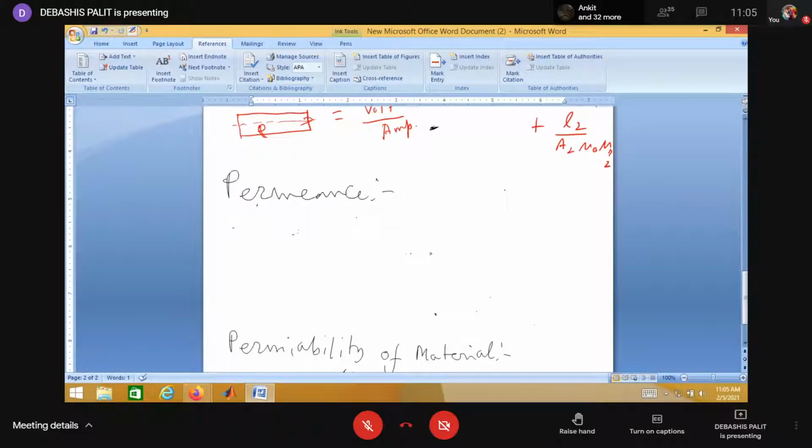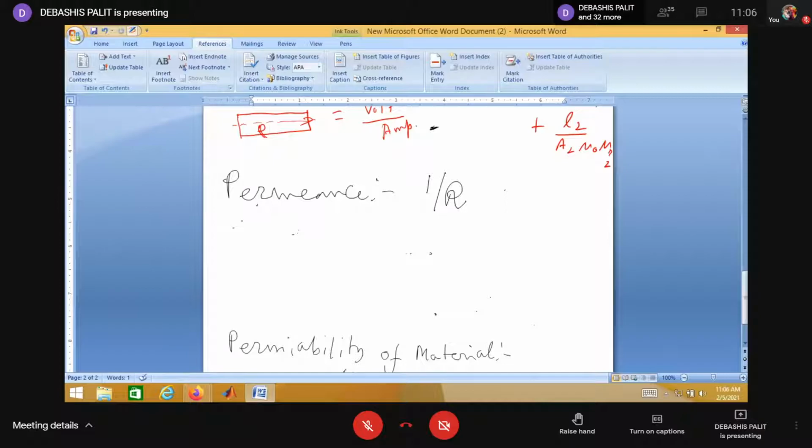Permeance is just like the reciprocal of reluctance, that is the measure of the ease with which the flux can pass through the material. That is the reciprocal of the reluctance. 1 by reluctance, that is your permeance.